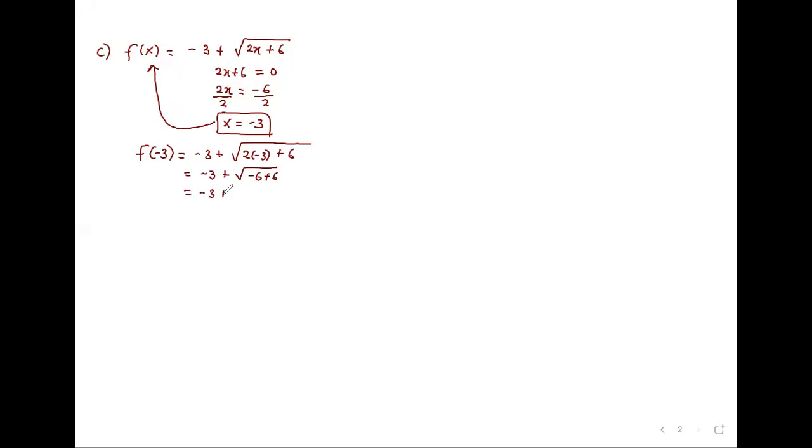This is -3 plus 0, so we get -3. This number with that x gives us a starting point: -3 for x, -3 for y. And once you have a starting point, then you can start sketching. -3, -3 here.